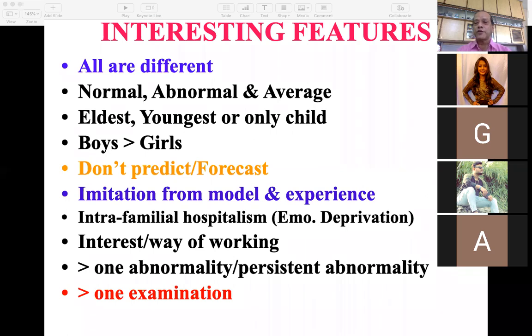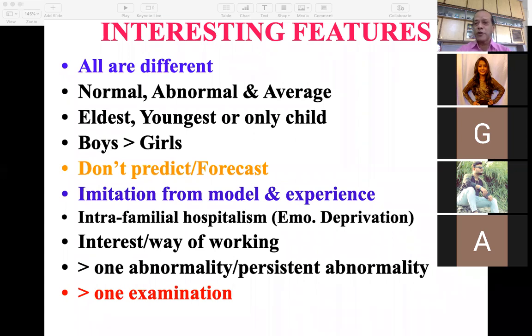We all know the ventricular septum develops for the first 2 to 3 months. It may not be fully developed at birth. So you'll get the murmur of ventricular septal defect till the ventricular septum develops to the full extent. So there is one abnormality, but it is not persistent. As the ventricular septum develops, after 1 month, 2 months, or 6 months, this murmur will disappear.